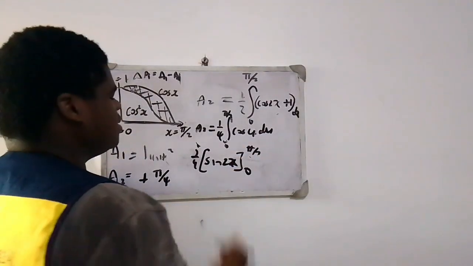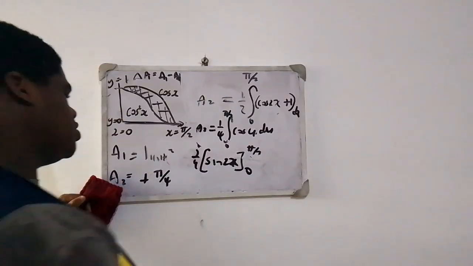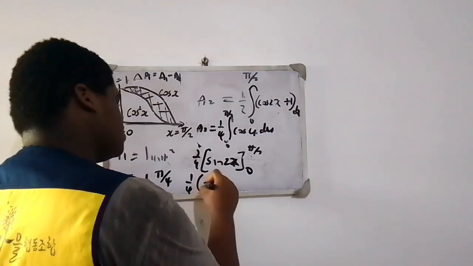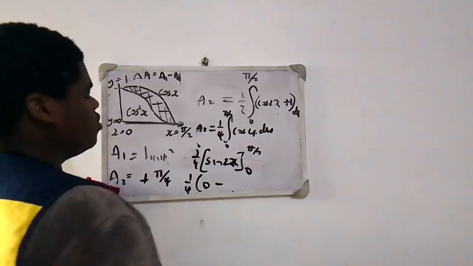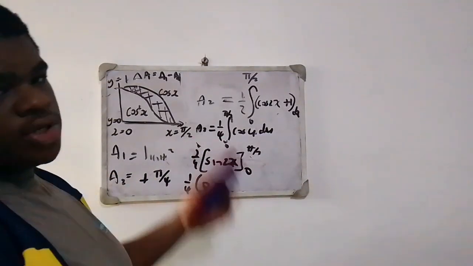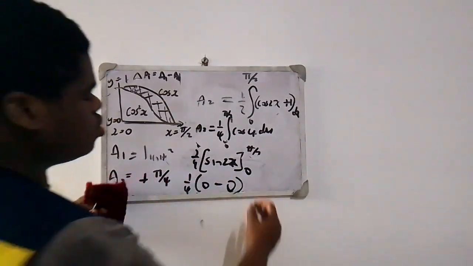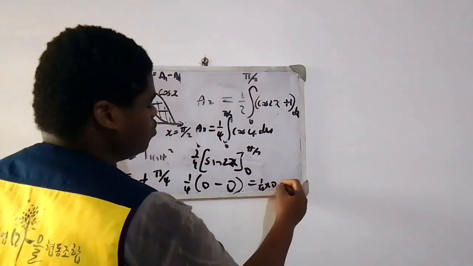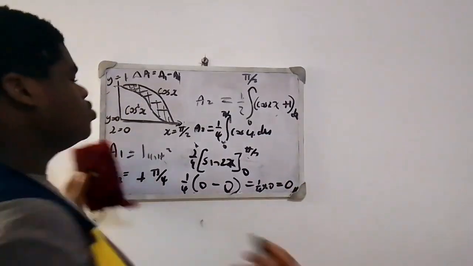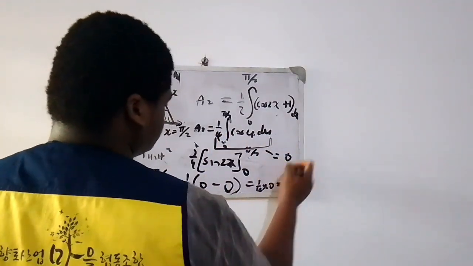If you plug in your upper limit, you have sin pi, and sin pi is equal to 0. So here is 1 over 4 times 0 minus the lower limit. When you plug in 0, you have sin 0, and sin 0 is equal to 0. So you have 1 over 4 times 0 minus 0, which is equal to 0. So this part of a2 is equal to 0.